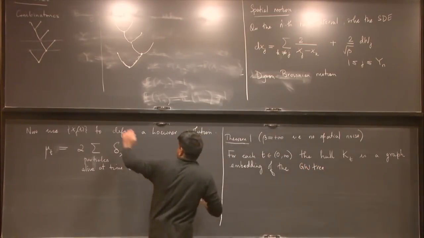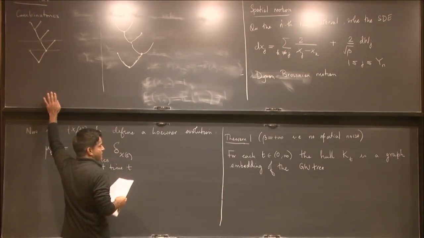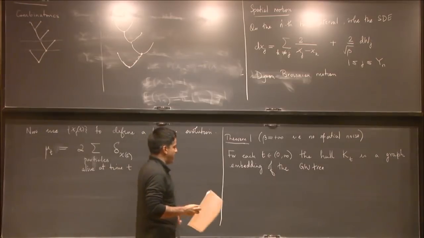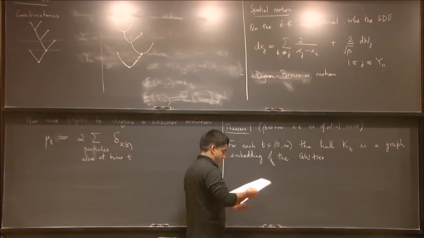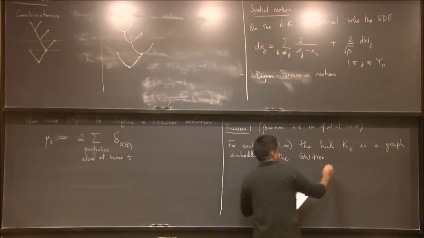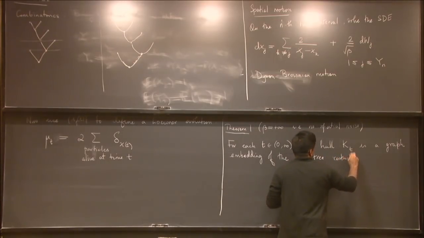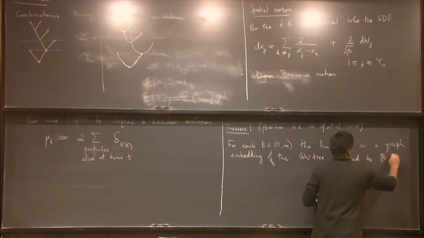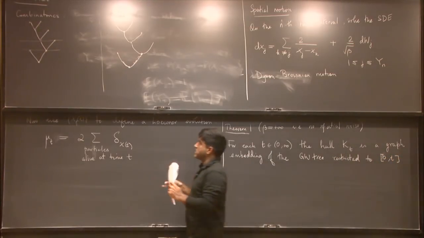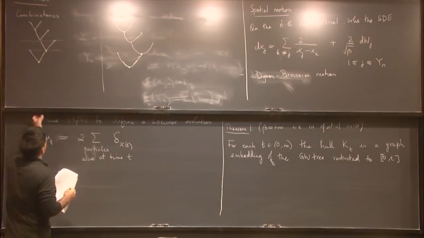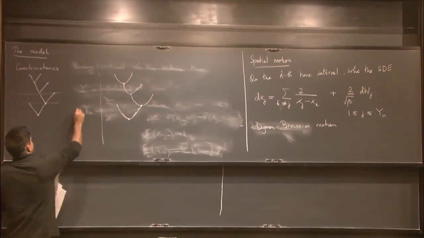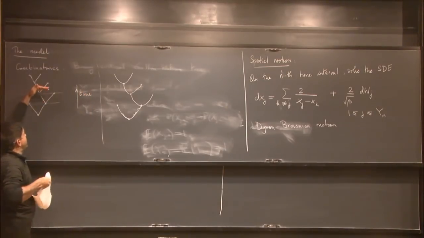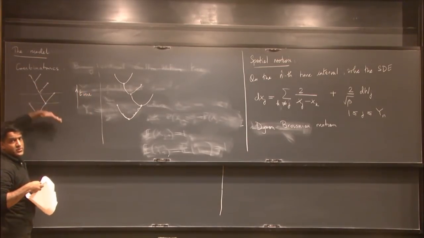Okay, so I started out with the tree. The tree is just a combinatorial object, and I've taken this combinatorial object and constructed a set in the upper half plane. I've got a time parameter running this way, and at any finite time I can just restrict my tree to that part.